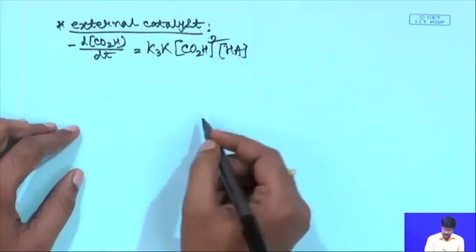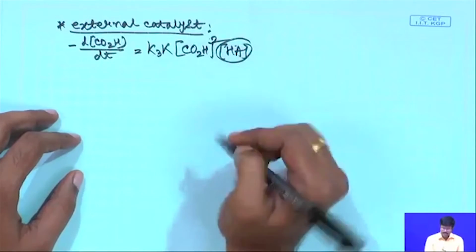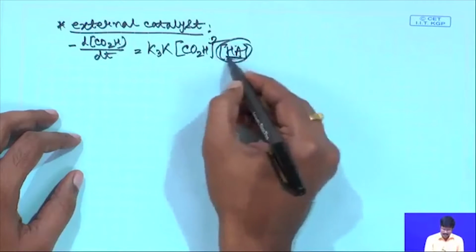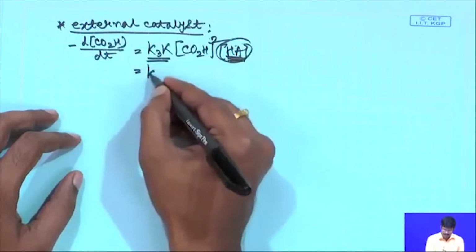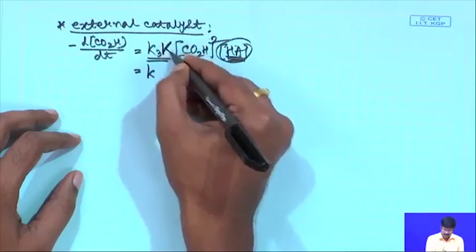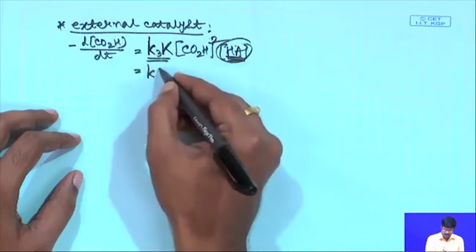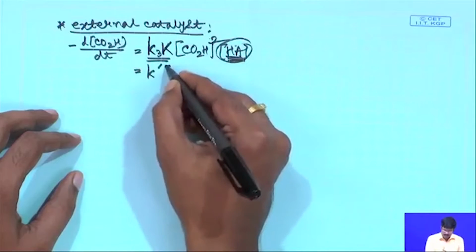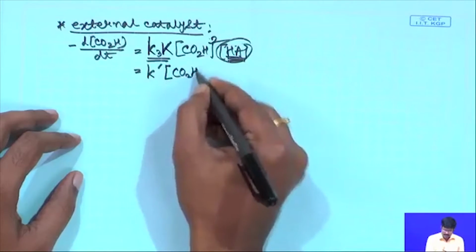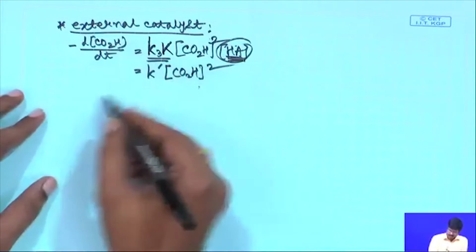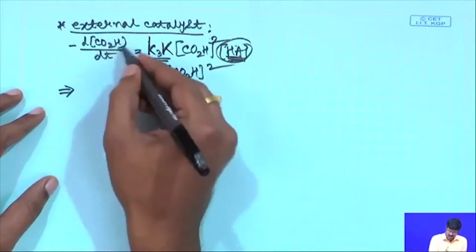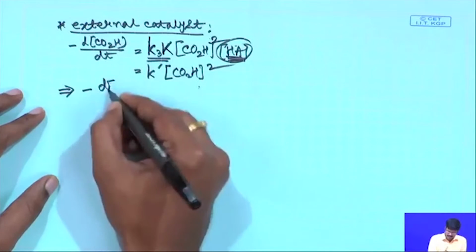This stays here, but since this is the catalyst, its concentration is constant. So basically it can be incorporated into this constant. You just remove this and incorporate it into the constant. Again this is capital K, this is small k, so let us say small k prime, and then it becomes [CO2H] whole squared. Now you do the integration the same way, and you can replace CO2H by m.